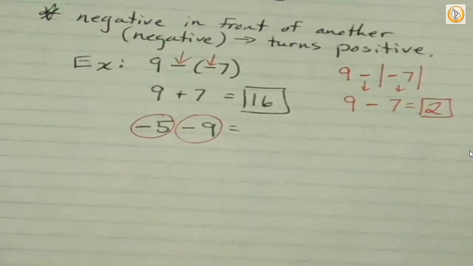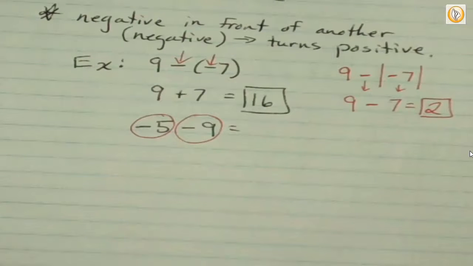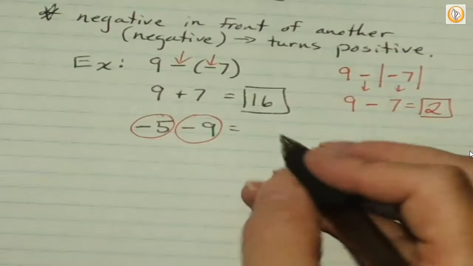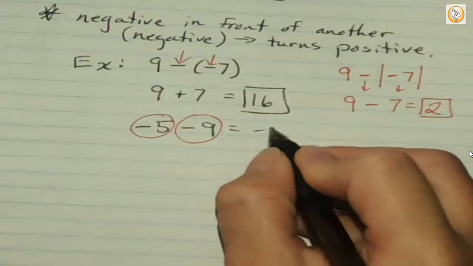See, when y'all were in 7th grade, the very first week of school, a lot of y'all struggled with this. Now, y'all are getting it, okay? So when the signs are the same, what do we do? Add and keep the sign. Look at you go. All right, so what's the answer here? Very good.